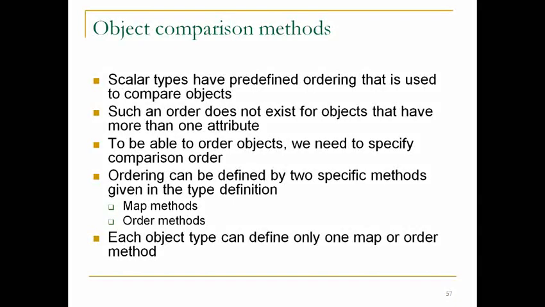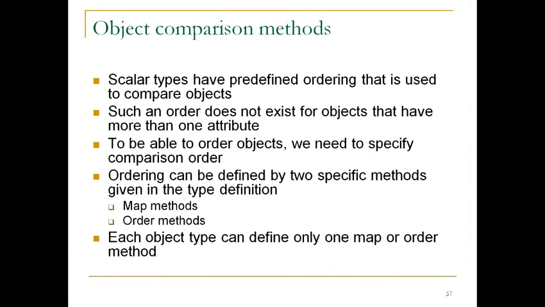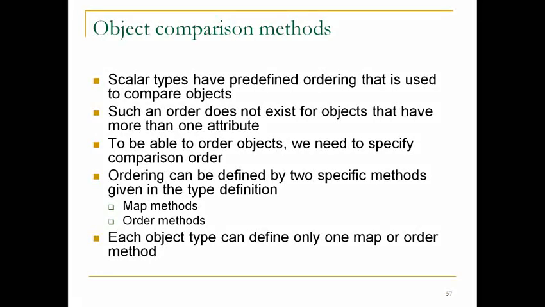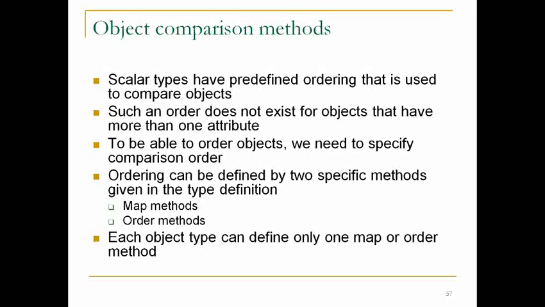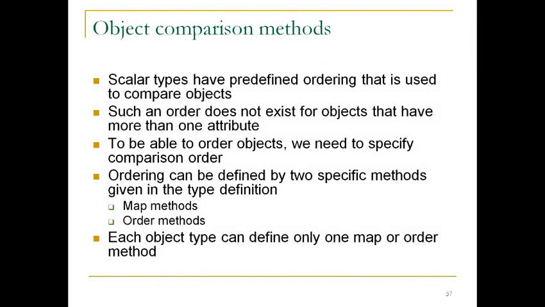And the next two types are also member methods, but they are for a specific purpose. And the idea is the following. If we have some scalar types, for example numbers, we know how to order them. For example, if I would ask you to order some numbers, 9, 5, 12, and so on, from the biggest to the smallest, I think you will give me an answer immediately.